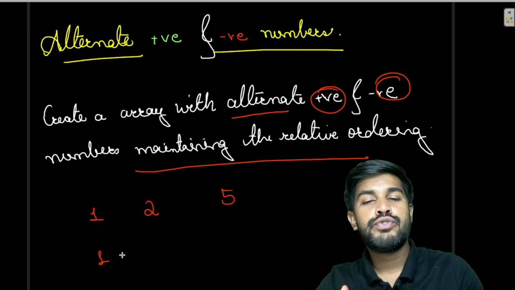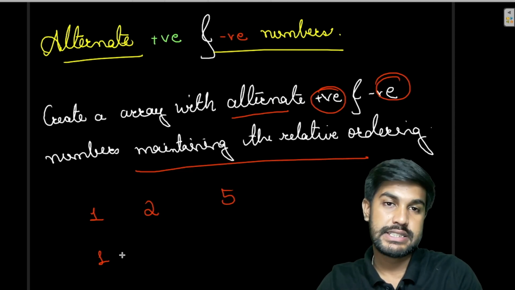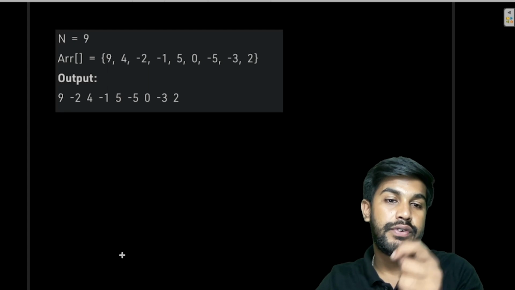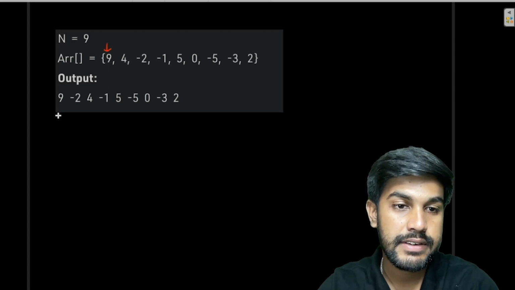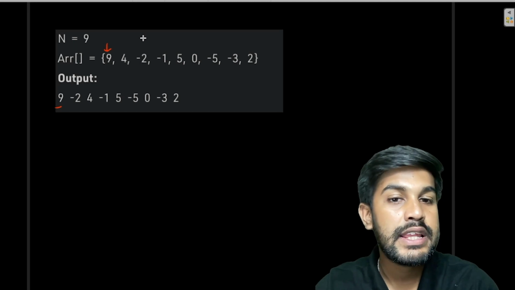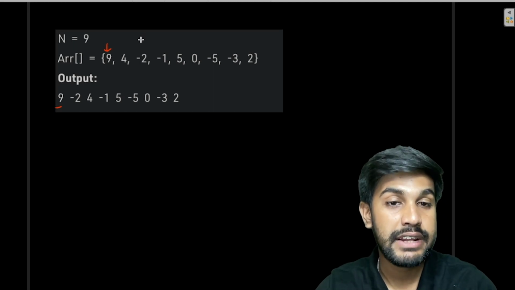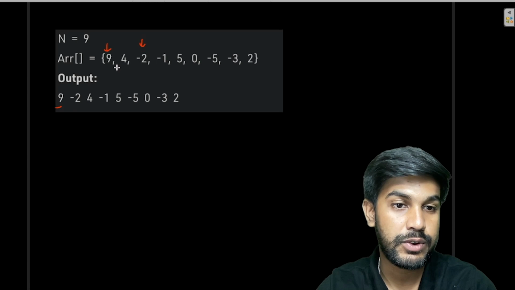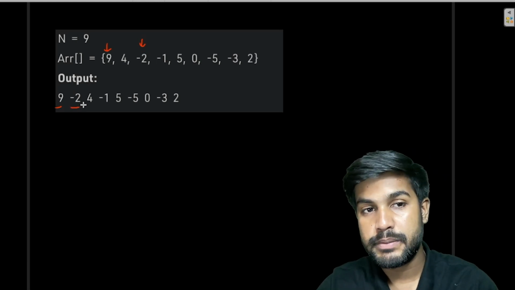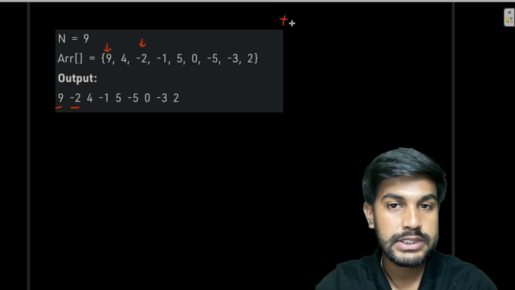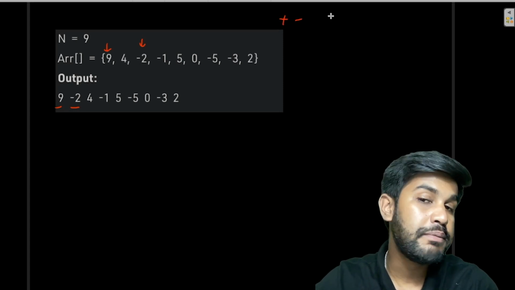Now let us move forward and evaluate the sample test case. The first positive number is 9 itself. That is why we kept here 9. Then the first negative number is -2. That is why this is -2. Then the next positive number, because first we process positive, then we process negative, then we need to again process positive.